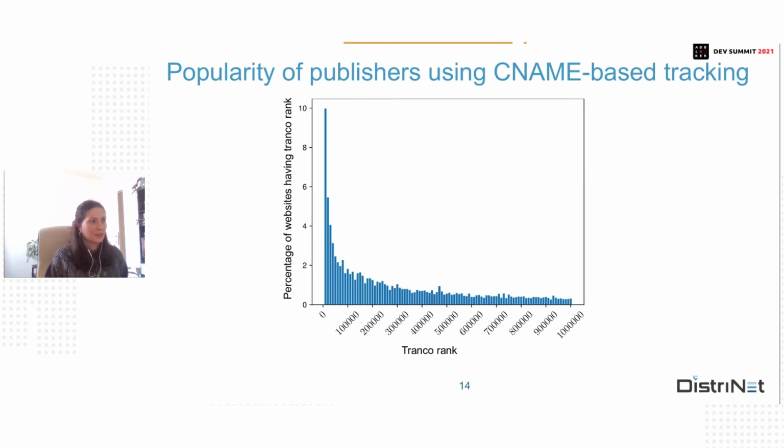We also had a look at the popularity of the publisher websites that use CNAME-based tracking according to their Tranco rank. And we clearly see that it is heavily biased towards very popular websites. Almost 10% of the top 10,000 most visited websites contain a CNAME-based tracker.